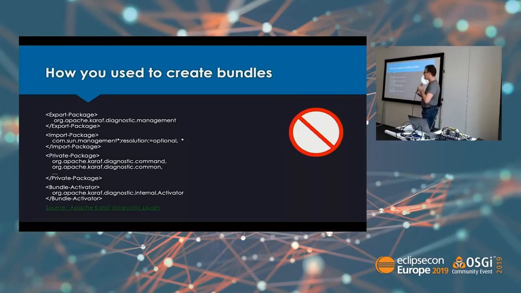You can have the whole export and import adaptions and private packages declared and an activator, and all this is just text. So when you change your code, it will not adapt. It will stay the same and break your, hopefully your build, maybe only after you install it.